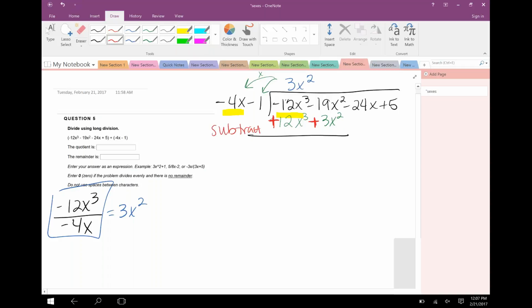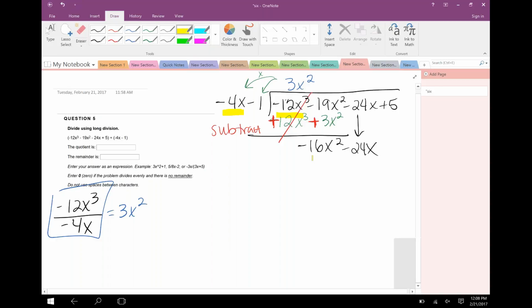So negative 12x to the third plus 12x to the third cancels out. That's what should happen. And then negative 9x squared plus 3x squared is going to give you negative 16x squared. And then we're going to bring down negative 24x.